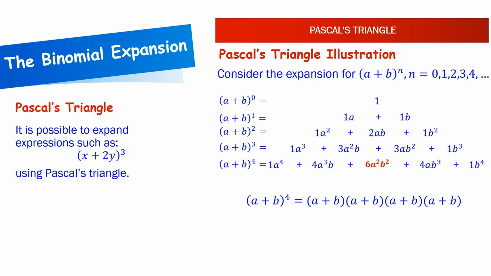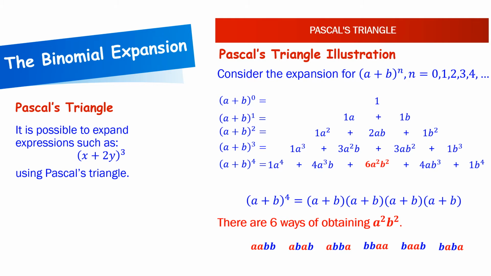What about 6a squared b squared? How many ways are there of obtaining a squared b squared? We can either have AABB or ABAB or ABBA or BBAA or BAAB or BABA.